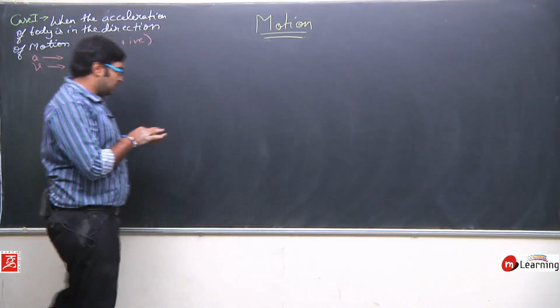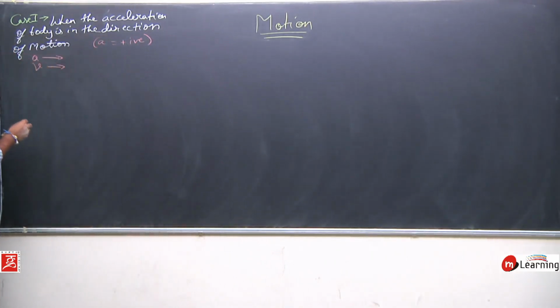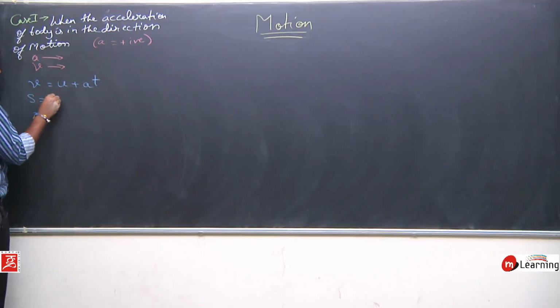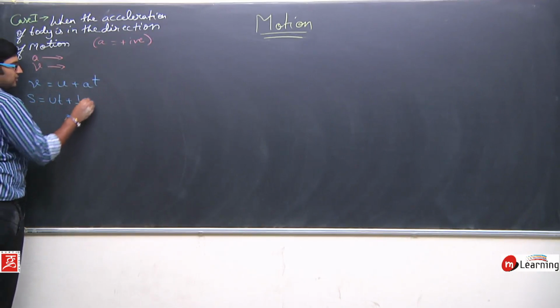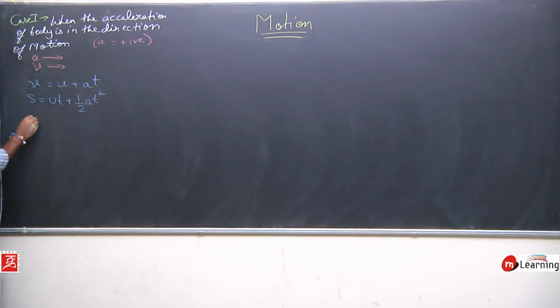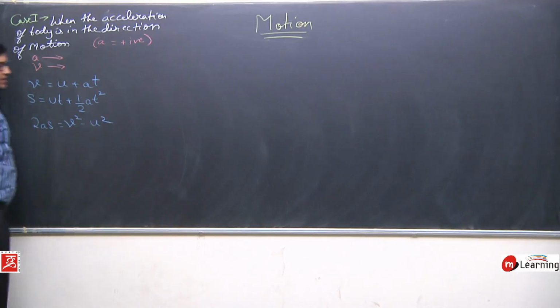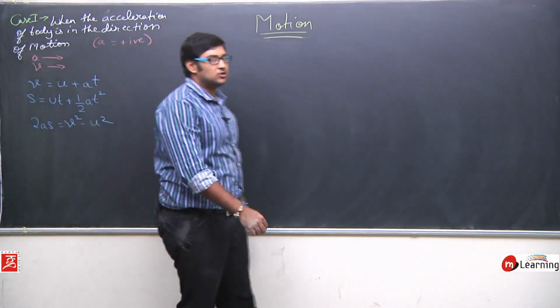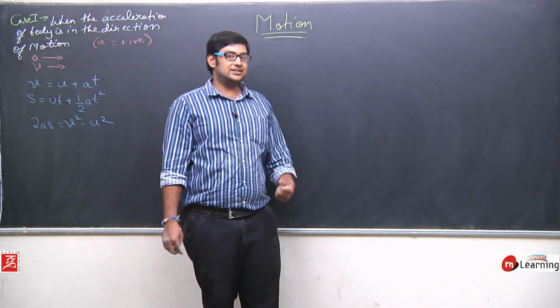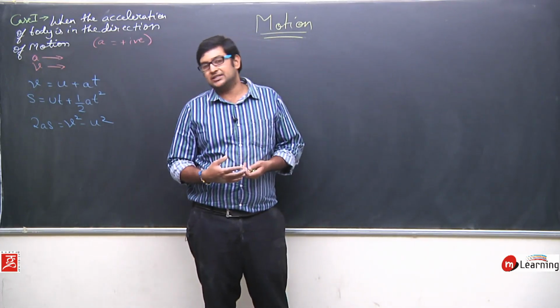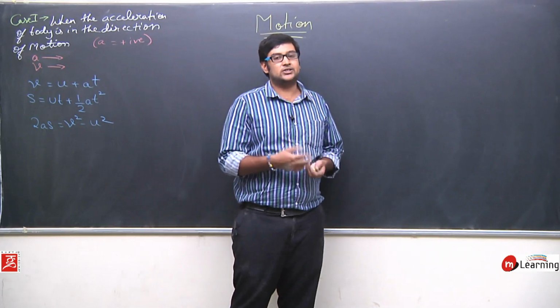And for this case the equations of motion will become v is equals to u plus at, s is equals to ut plus half at square, and 2as will be equals to v square minus u square. That means there is no change in the equations of motion when we consider the very simple case that the acceleration is in the same direction as the direction of motion.